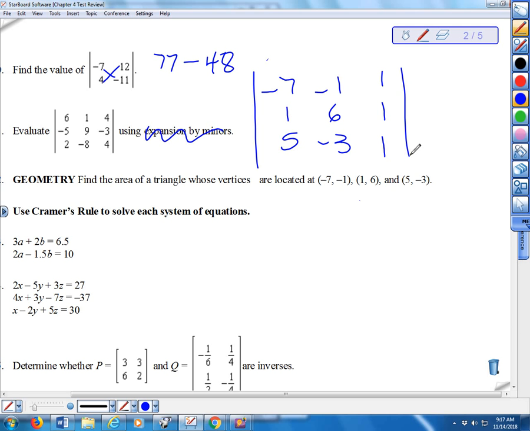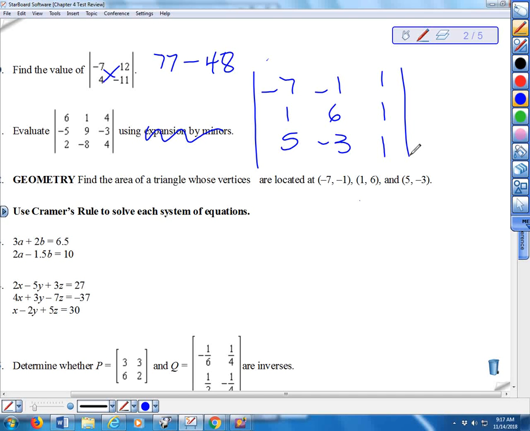What if you get 0? If the determinant is 0? Yes. Then there's no area. It's not a triangle. But let's go ahead and practice. Second matrix, over to edit, enter my numbers, 7, negative 1, 1, 6, 5, negative 3, 1, 1, 1.